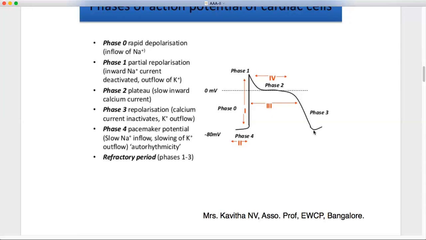After that, in phase 4, the pacemaker, as usual, comes to the threshold or the below threshold potential. Okay, these are the 4 phases of our action potential normally happening. Here one point is that between phase 1 and phase 3 is the refractory period.